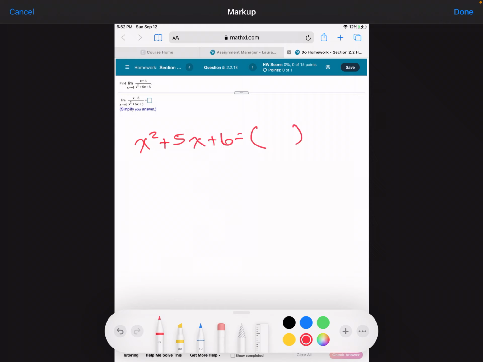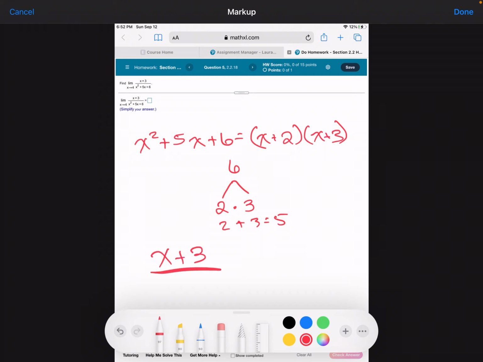If it does factor, we would be looking for two numbers that multiply to get 6 and add to get 5. So 2 times 3 is 6, 2 plus 3 is 5. So 2 and 3 work. So we would have a +2 and a +3, which means our function looks like this.